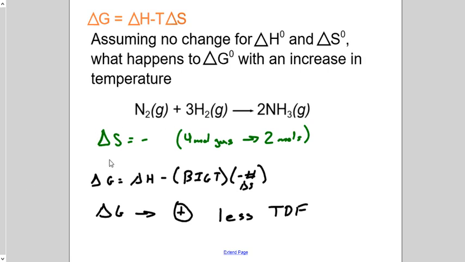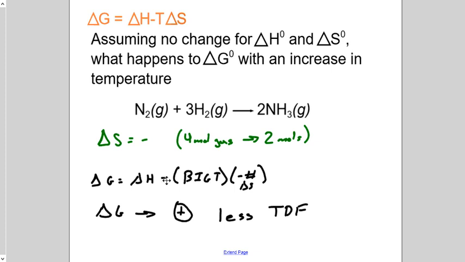So we can assume that delta S for this system is going to be a negative value. We can assume that because we have 4 moles of gas here going to 2 moles of gas here. So this system is going from chaotic to more organized, which means that the change in entropy is going to be negative. So if that's true, then looking at this delta G equation, we have delta H here. We have a large T value because we're increasing the temperature here, times a negative value. So we have essentially a negative, or we have this subtraction.